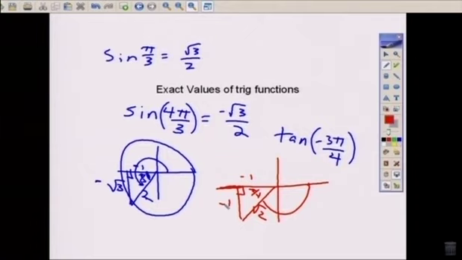The tangent of this angle is the opposite over the adjacent, so the value is negative 1 over negative 1, which is 1. You can take a moment and verify those on your calculator as well.